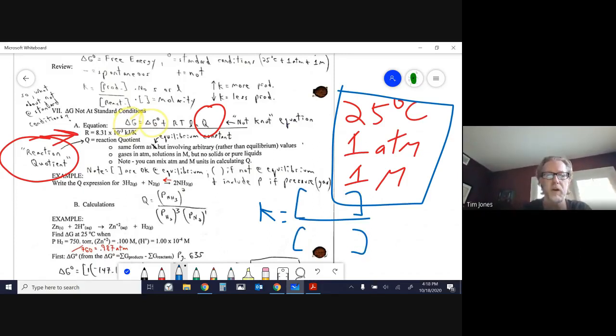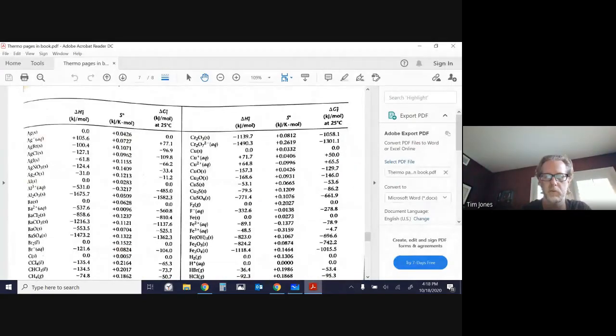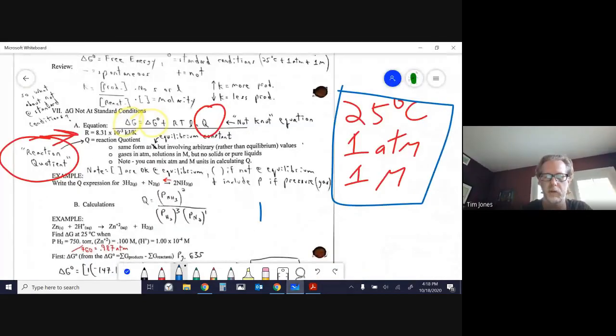But if you are not at equilibrium or you don't know where you are, it's best if you don't use brackets. You should use parentheses, because brackets are indicating equilibrium if you're writing an equilibrium expression.